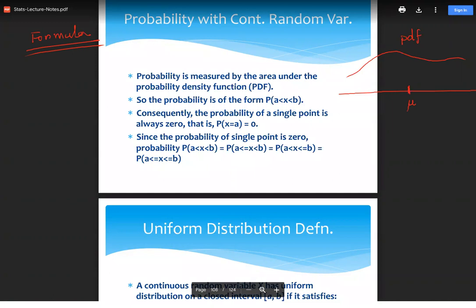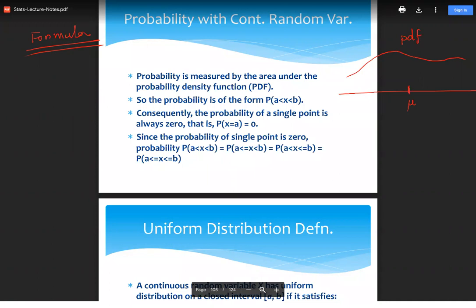So we are just going to use some tables. I'll give you predefined tables, and you will use those tables to approximate the probabilities for normal distribution. And for the rest of the class, we'll be talking about normal distribution, and more specifically, standard normal distribution that has mean of 0 and standard deviation of 1. That standard normal distribution is something we are going to be talking about for the rest of the semester.